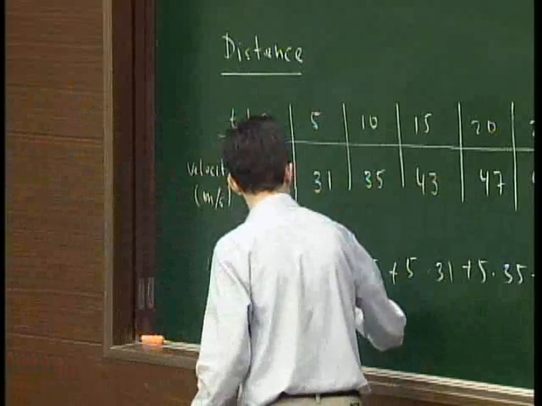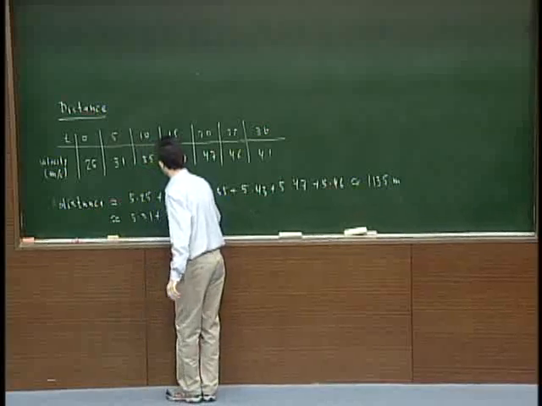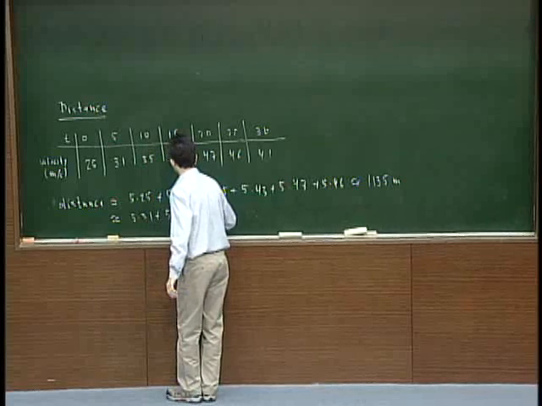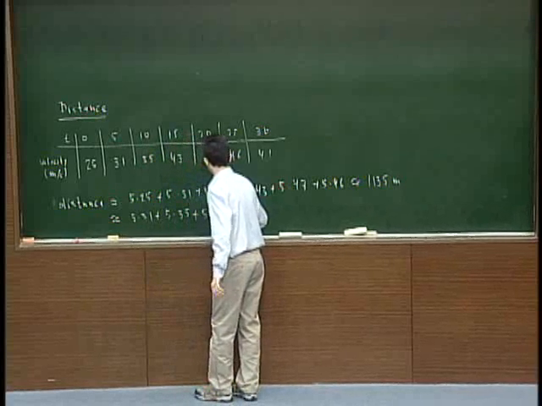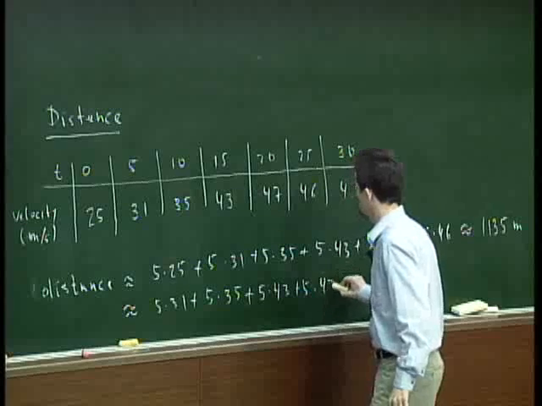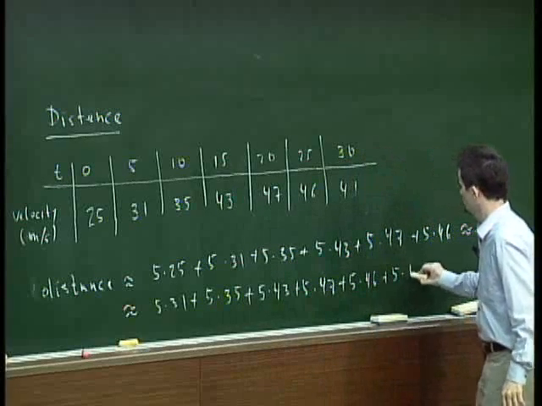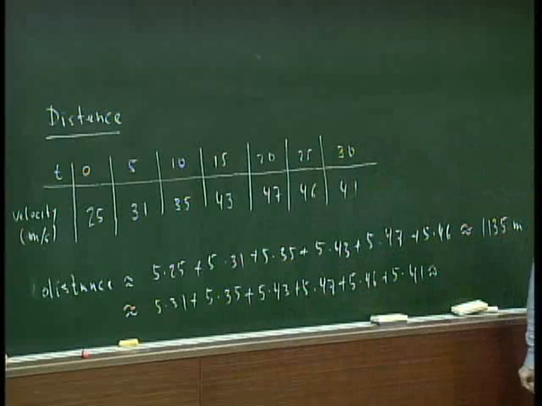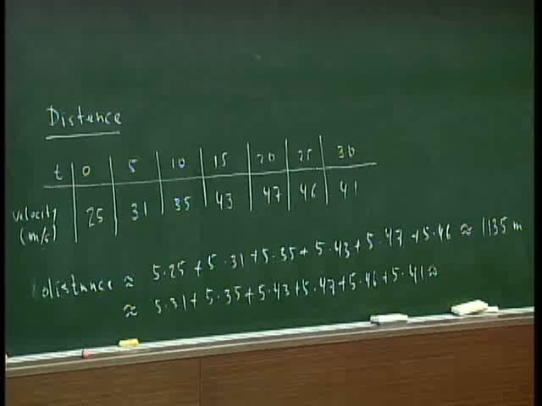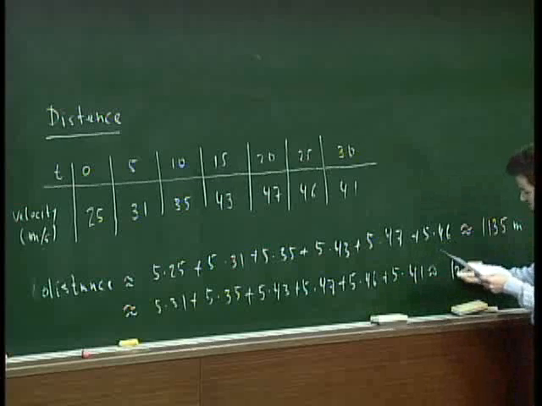So you have then 5 times 31 plus 5 times 35 plus 5 times 43 plus 5 times 47 plus 5 times 46 plus 5 times 41. Now this will give you, of course, another value, but which is close to this value. Meters.